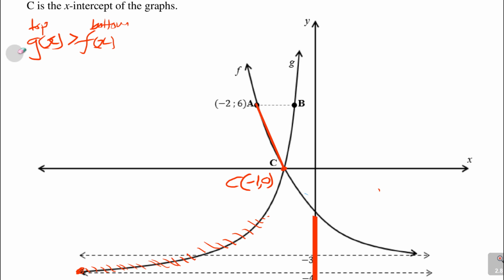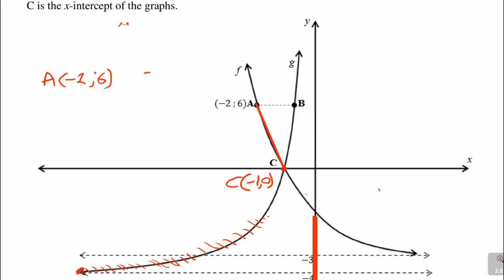So I can come here and now come with an equation. So what is the equation? Remember, I've got 2 points. A is -2 and 6, and then C is -1 and 0.